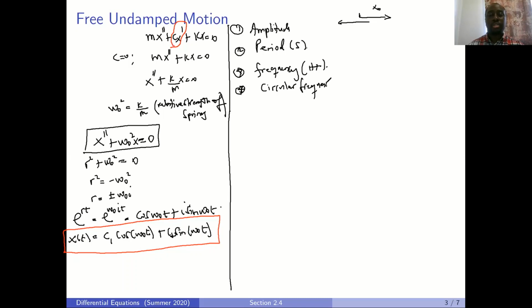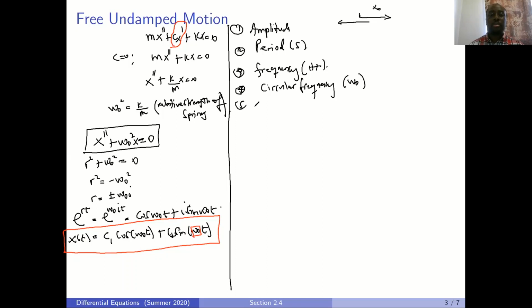This is more related to angular frequency for those of you who have studied physics. It's looking at a rotation instead of just a linear movement. The circular frequency is always W0, which is this parameter here. Once you find your solution, you can almost always pick out your circular frequency.